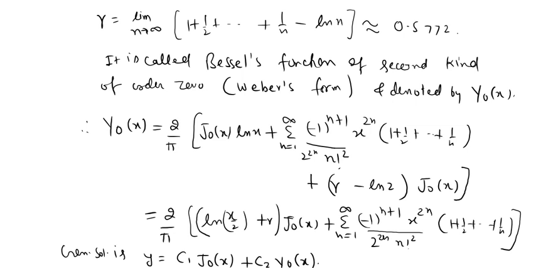So in that way we can find a solution by using reduction of order, and we have made some manipulations in the second solution to write the standard form of Bessel's function, and we have used the classical approach, that is reduction of order. And now I take one more example.